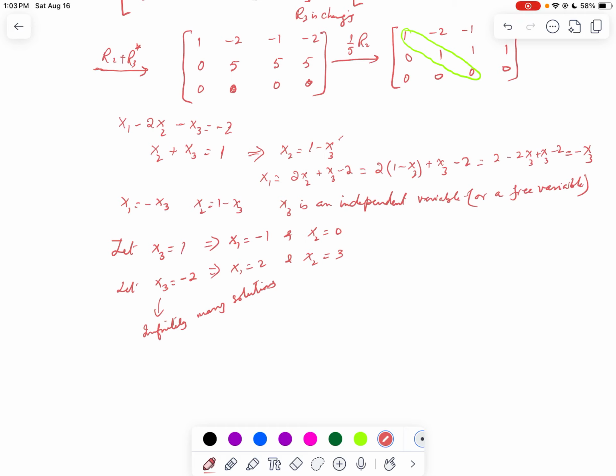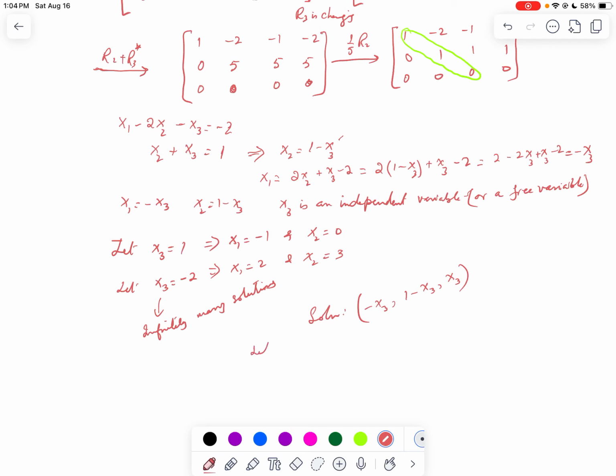So the way we can write our solution is, remember x1 is equal to negative x3. So negative x3, comma, 1 minus x3, and then x3. Now this is called a parameter, and we say the other two variables are parameterized by x3.